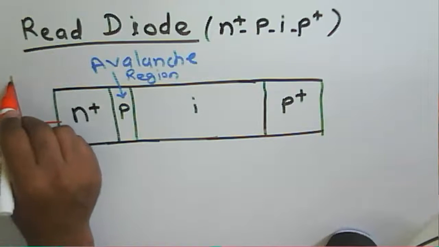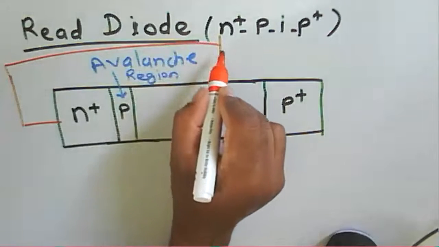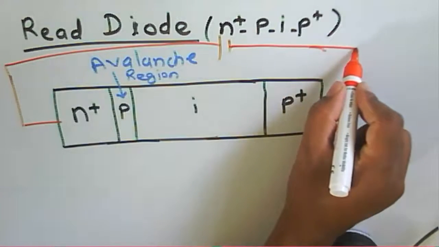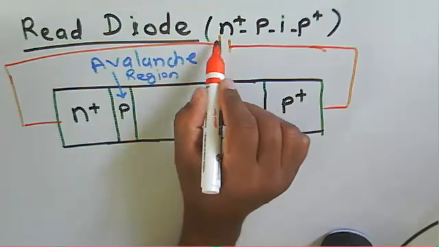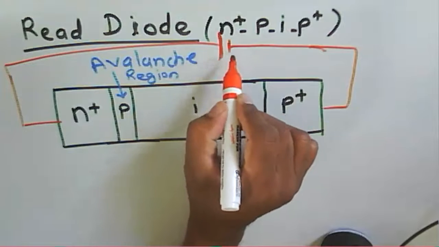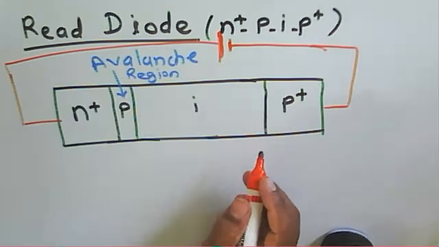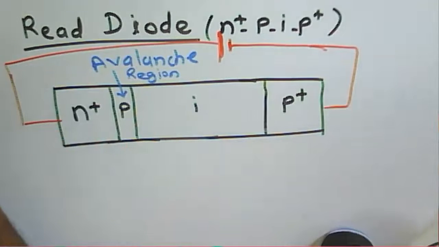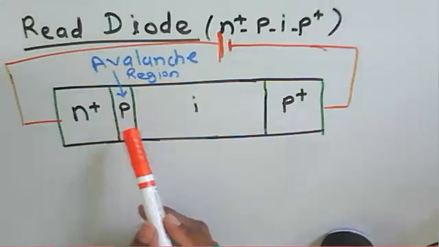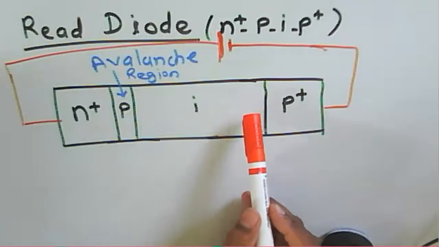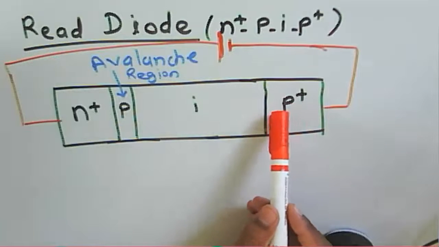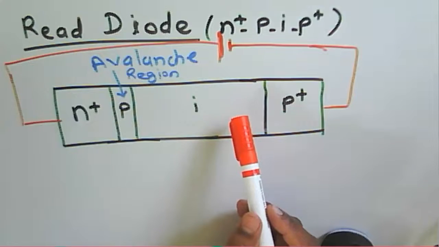This one is positive, and it is a reverse bias here. So this n plus p region is one junction and the other junction is the I and p plus region. These are the two junctions.